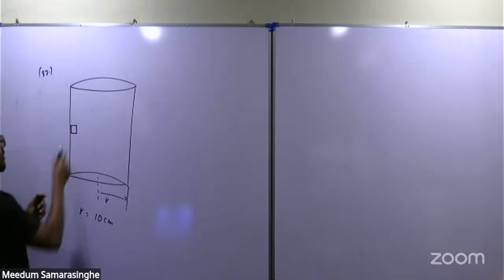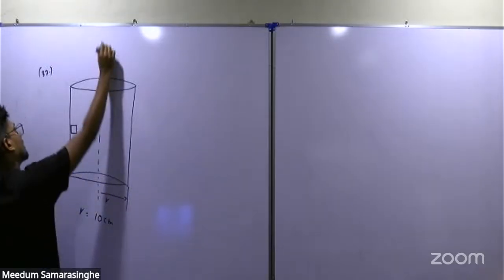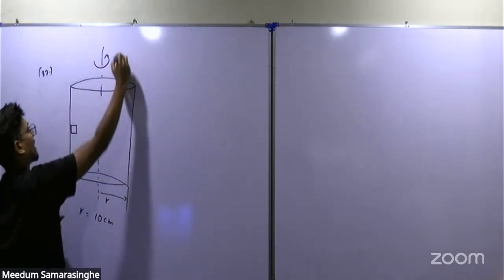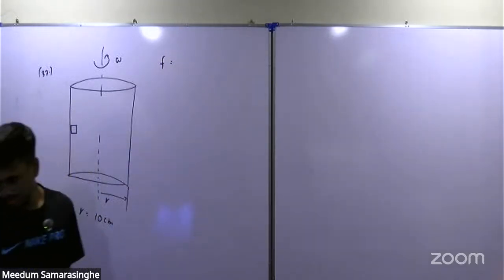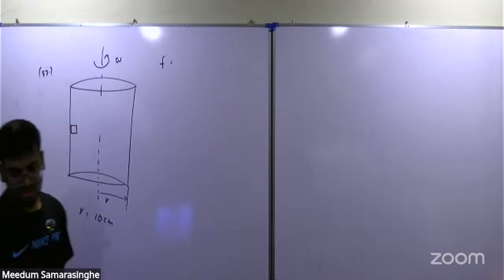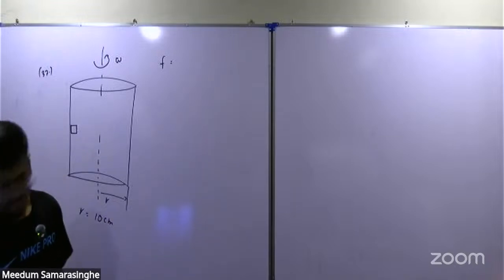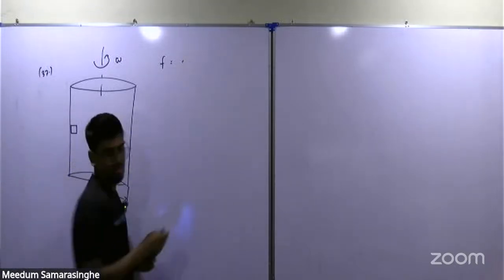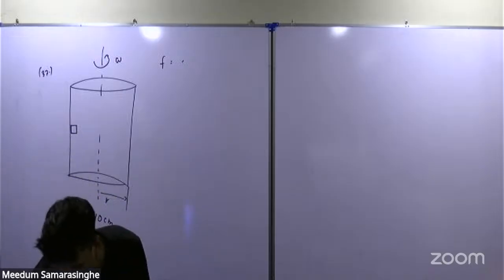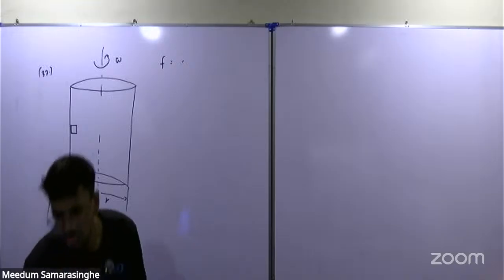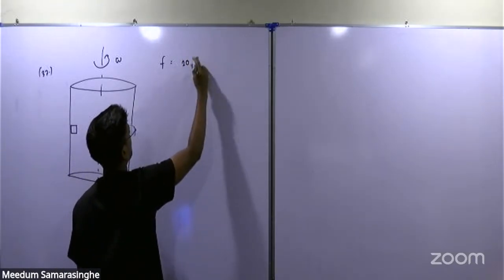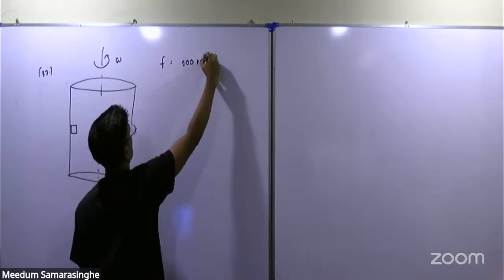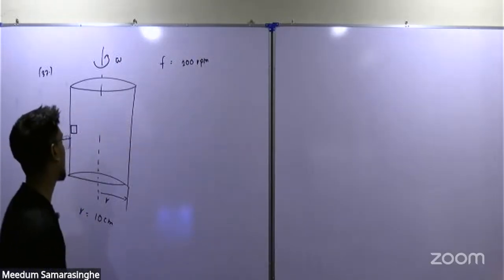Now the cylinder is rotating about its vertical axis with an angular velocity omega, and the frequency is given. Frequency is 200 rpm. We can convert it into omega.